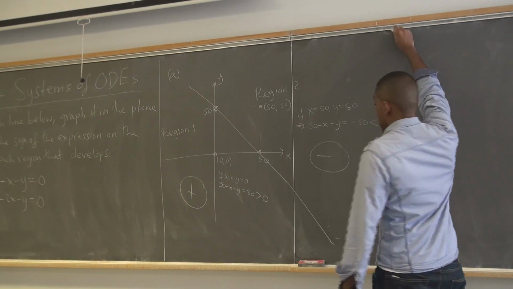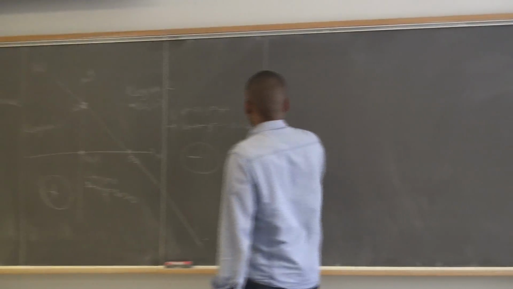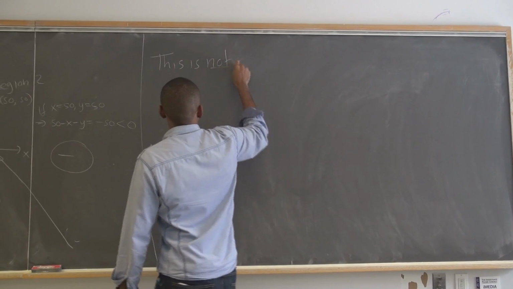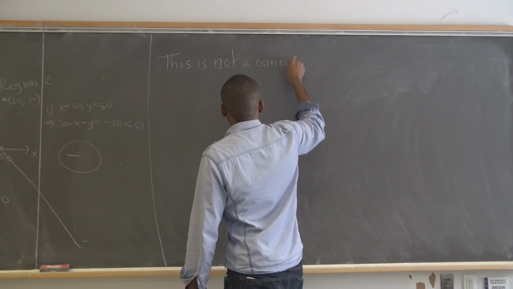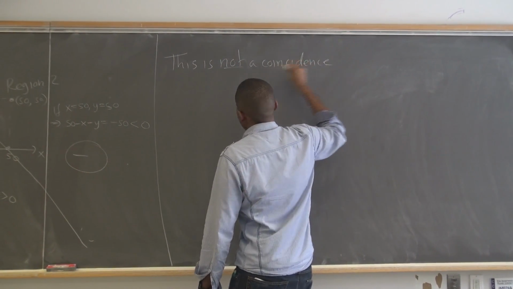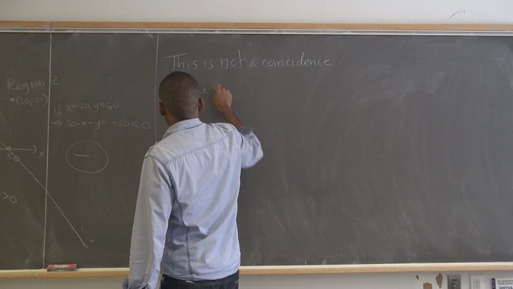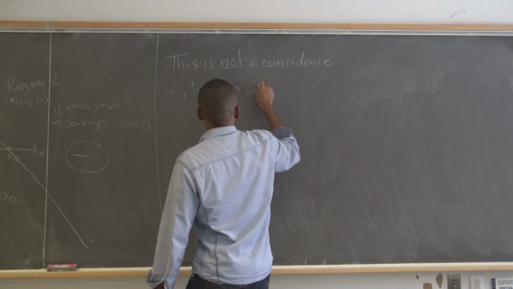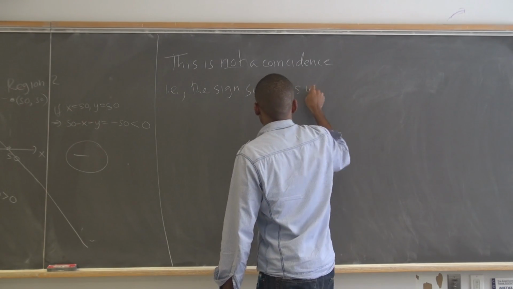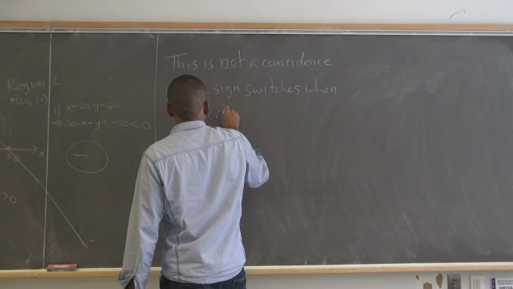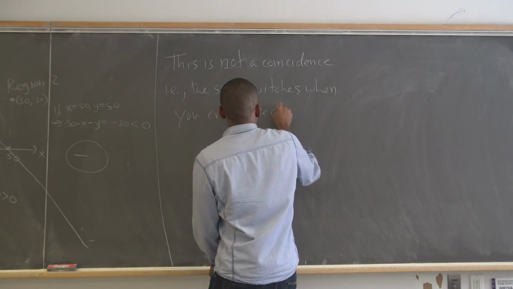One thing I want to emphasize here: this is not a coincidence. This sort of thing happens all the time, i.e., the sign switches when you cross over the line.